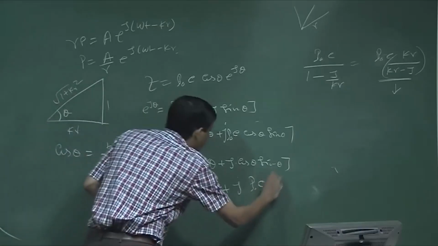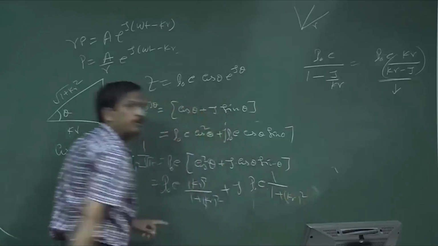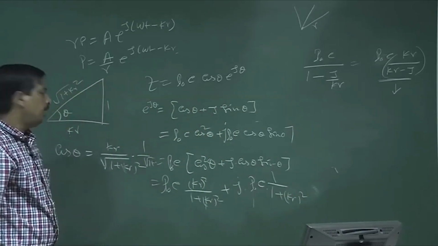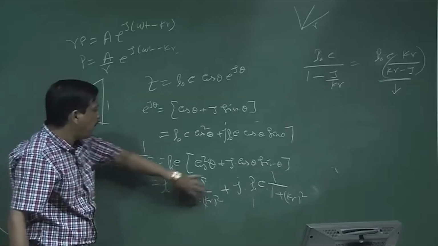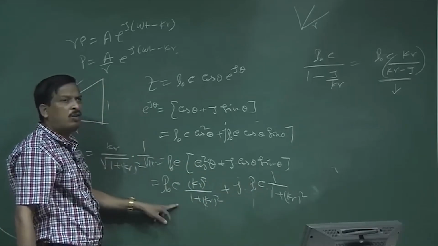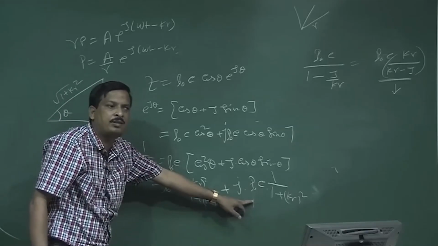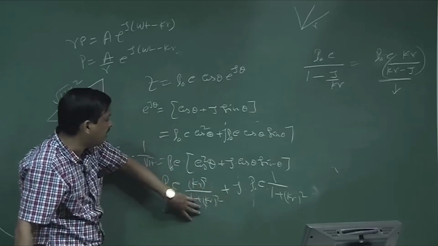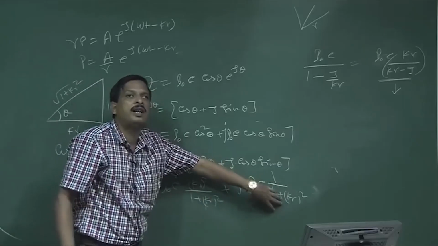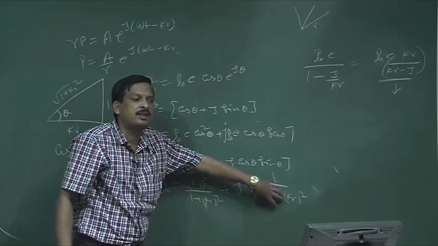So, if you see A plus jB, Z has not only the resistive term, there is also a term which is reactance. So, it is called acoustic resistance and acoustic reactance.